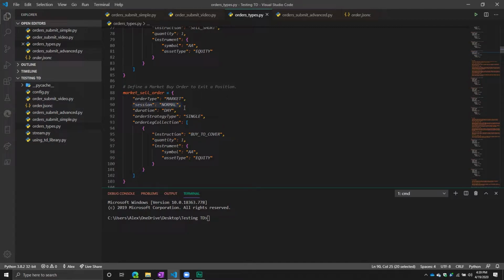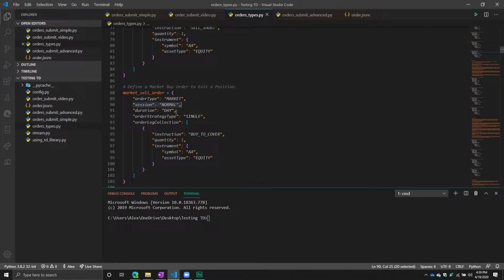And just as a little recap, session is defining which market session this order is, quote unquote, valid for. So you either have normal, AM, PM, and seamless. Seamless is everybody. Duration defines how long our order is valid for. Most of the time it's usually day, but you can do a good till cancel, at which point you just have to give me a date time, and then that will fill in that.